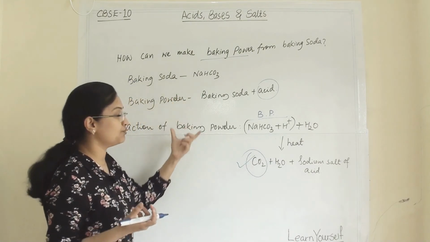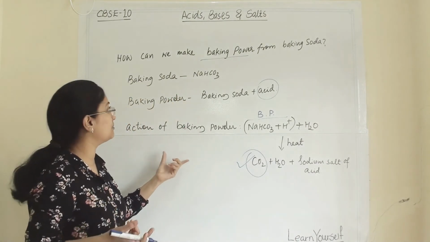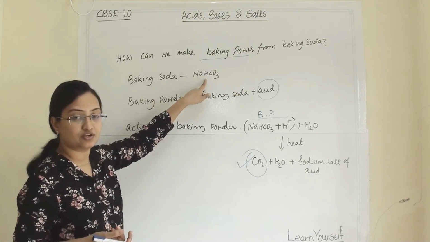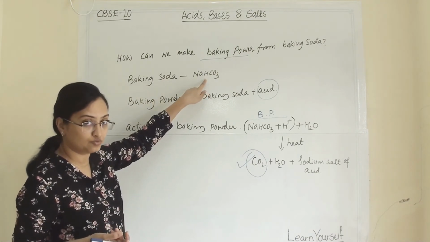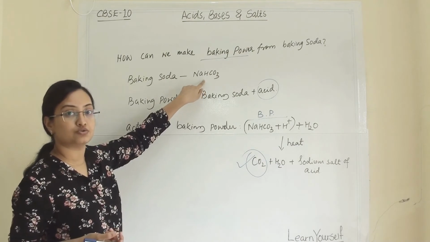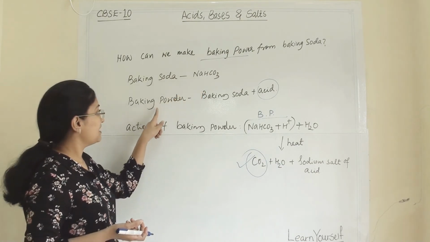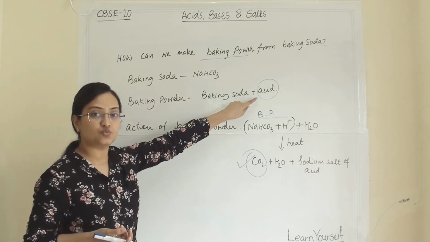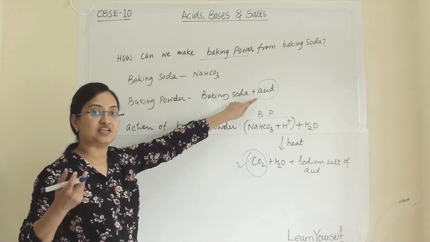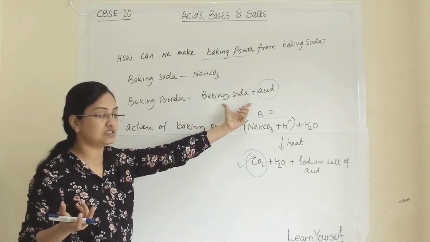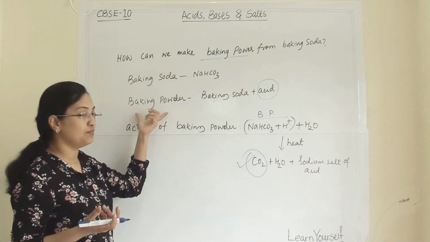These are the important points you have to remember: baking soda's molecular formula is NaHCO3, and its chemical name is sodium hydrogen carbonate. When baking soda is mixed with any mild acid, for example tartaric acid, this mixture gives us baking powder.